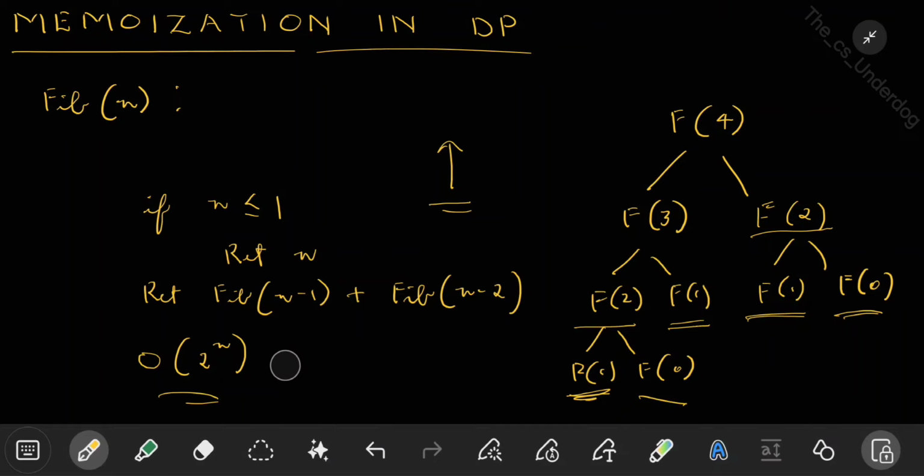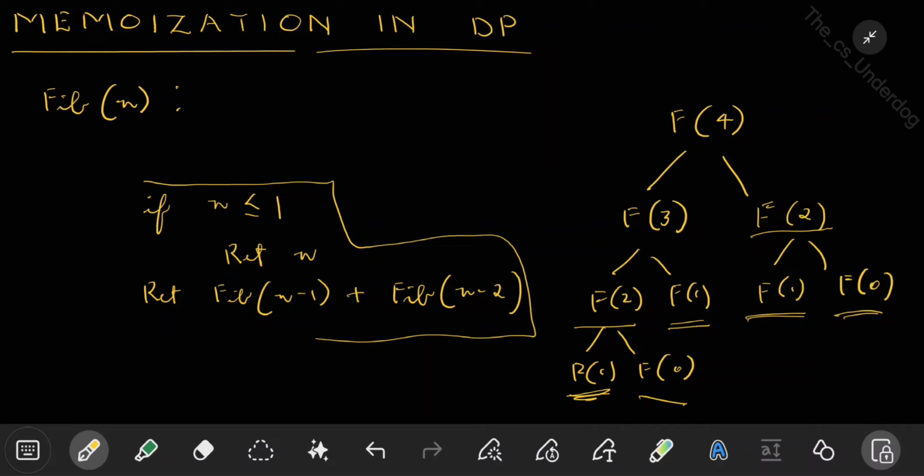What are you going to do with memoization? Let us see the change that can be brought with memoization. In memoization, before going into all these steps, you will add an additional step. What is the additional step? The additional step is: if your n is found in memo.